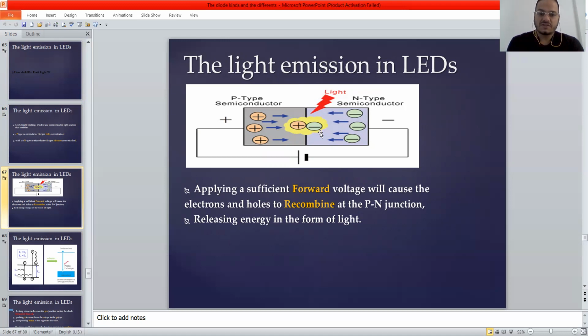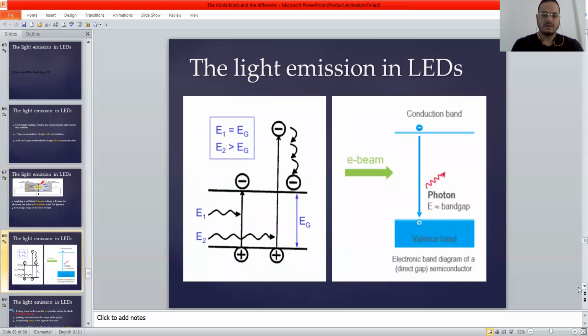Applying a sufficient forward voltage will cause the electrons and holes to recombine at the p-n junction, releasing energy in the form of light. Let's go to another slide.